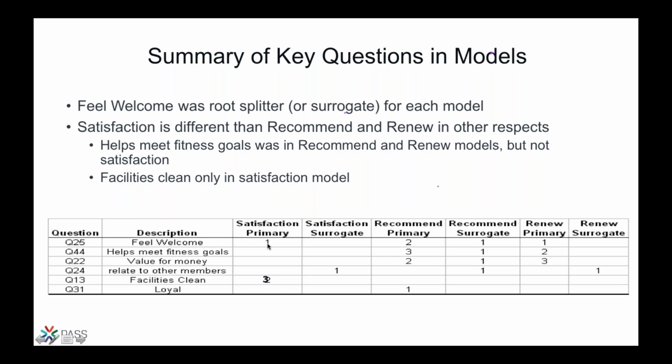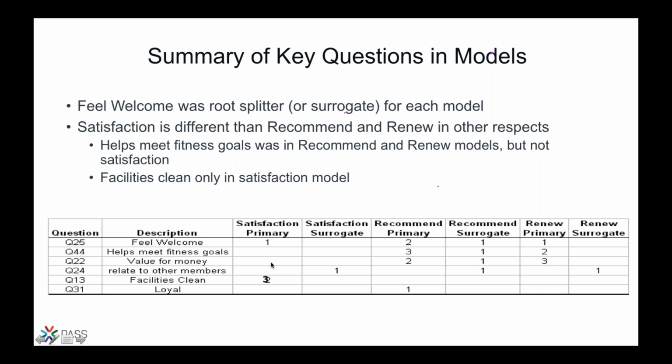It was a primary splitter for the satisfaction model. It was the second level splitter for the recommend to a friend. It was the primary splitter for renewal. Help meet fitness goals showed up in the recommend and renew models. And value for the money also showed up in the recommend and renewal models, and in the satisfaction model.